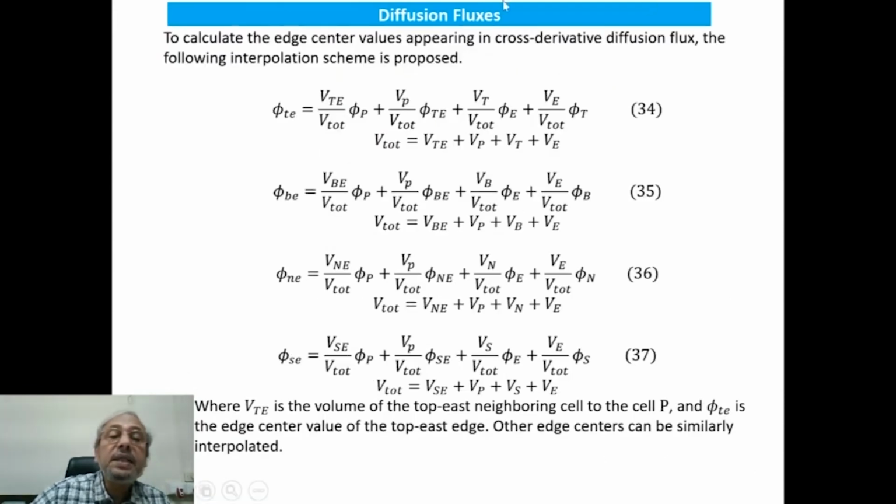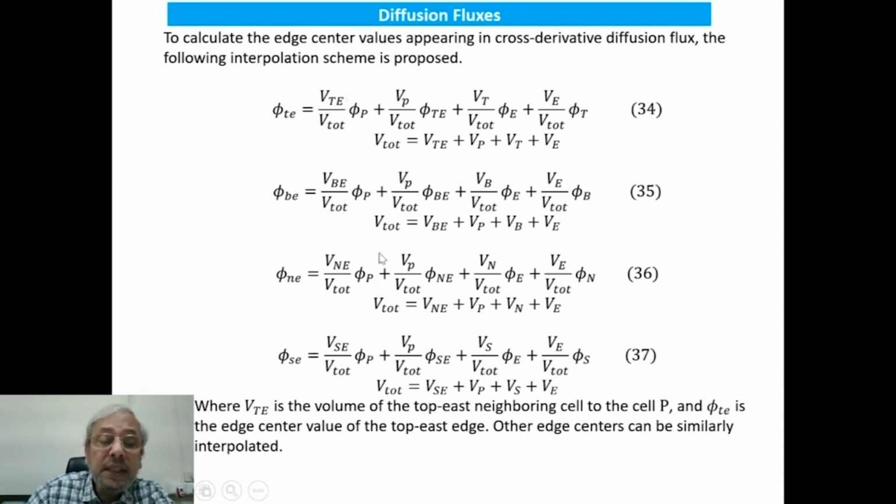So phi TE is VT by V total into phi T, VP by V total into phi P, then VTE by V total into phi TE, VE by V total into phi E. So what is phi TE?